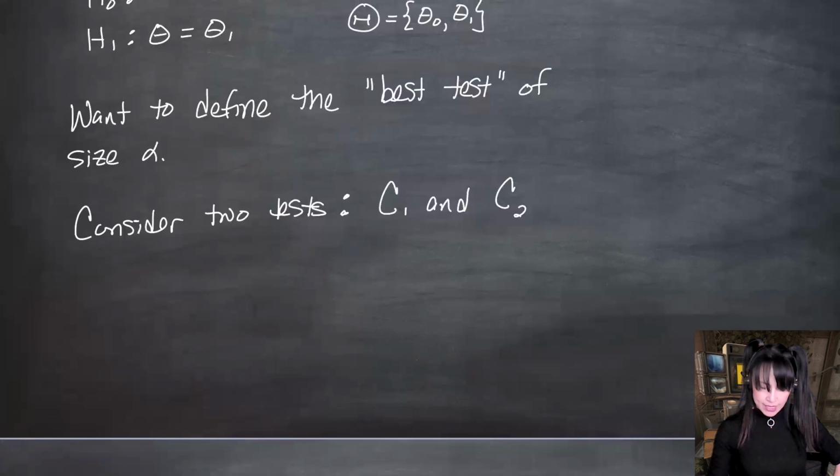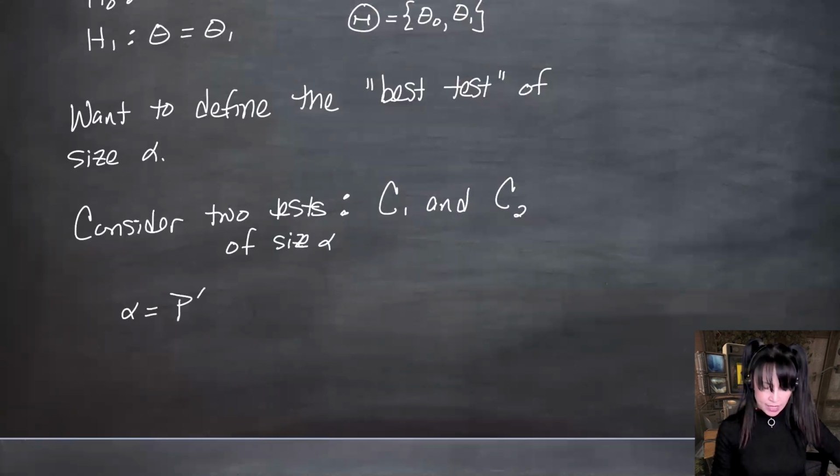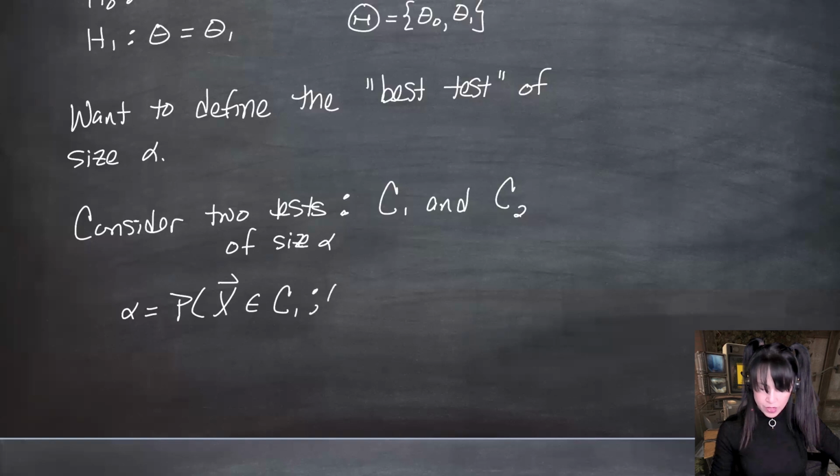So if these are 2 tests, I should finish this sentence too, of size alpha, then we know that alpha is the probability the data, this is capital X1 through Xn, is in C1 when the null hypothesis is true, that has to equal alpha.